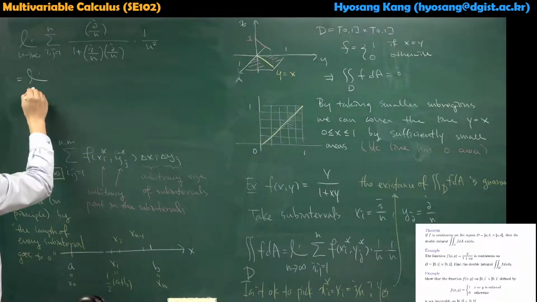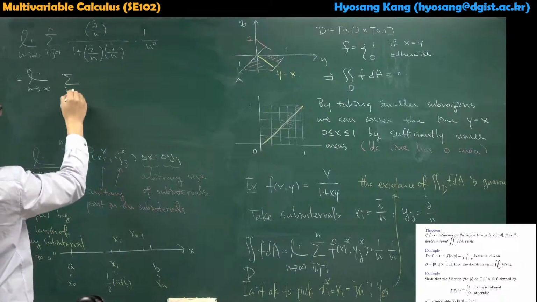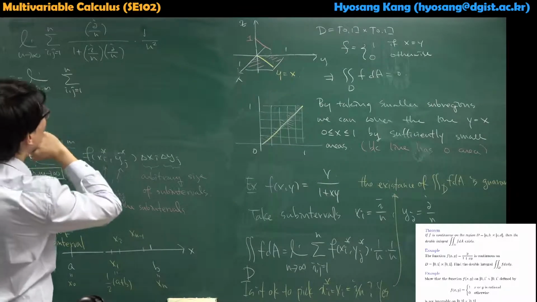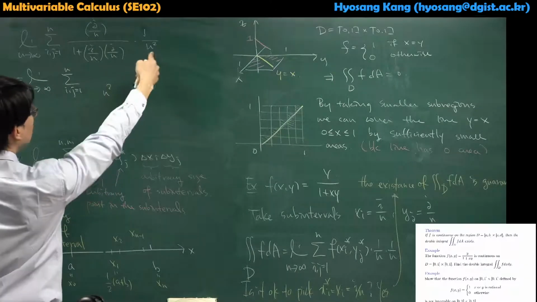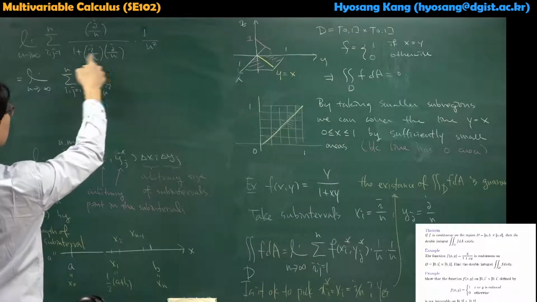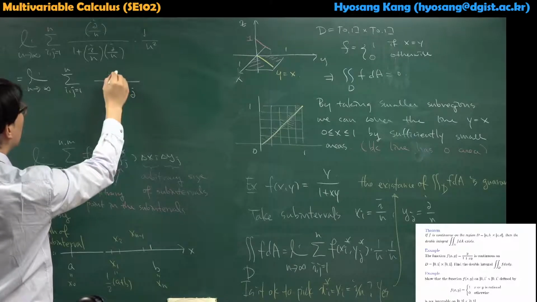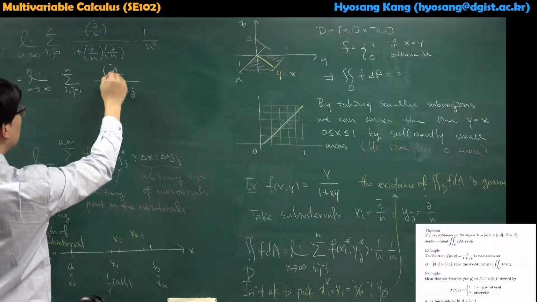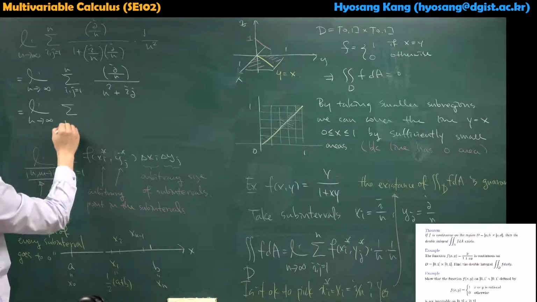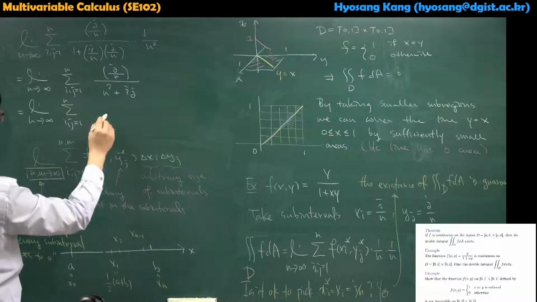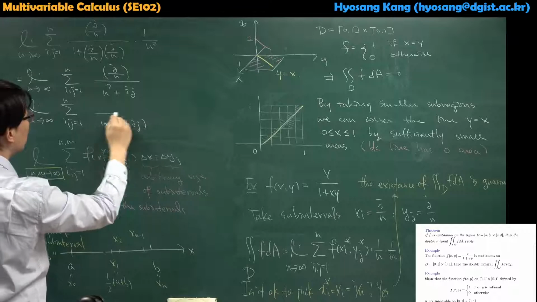So we have the limit as n goes to infinity of the sum over i, j from 1 to n, and let's take n squared multiplied on the denominator. We have n squared plus ij over j.